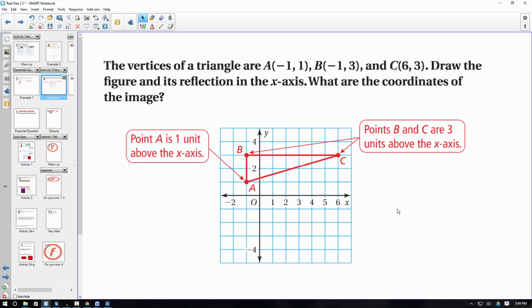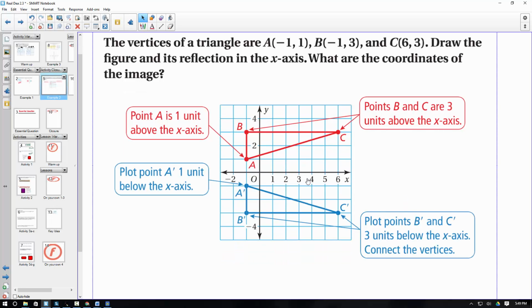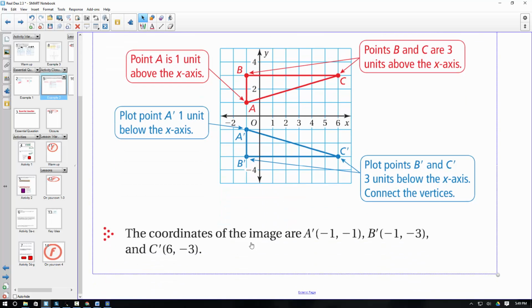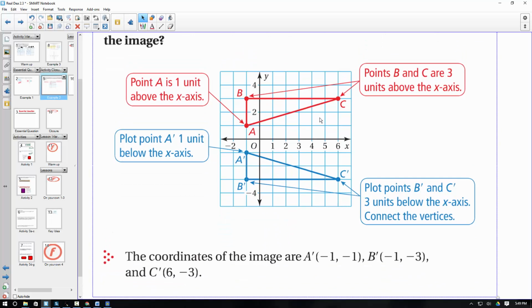So the y value is changing. Very similar to what we had before. It's just that if the x-axis is the mirror, then the y value will become a negative or a positive, because the mirror is on 0.